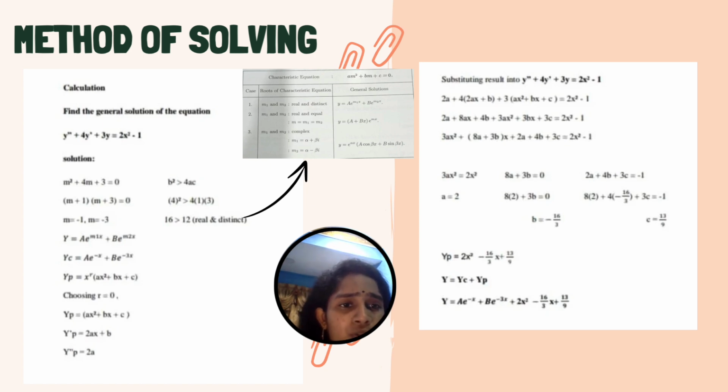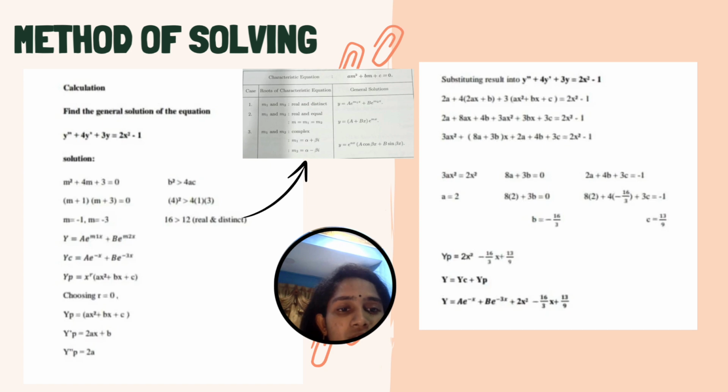If we substitute, we get 3Ax² + 8Ax + 3Bx + 2A + 4B + 3C equals 2x² − 1.